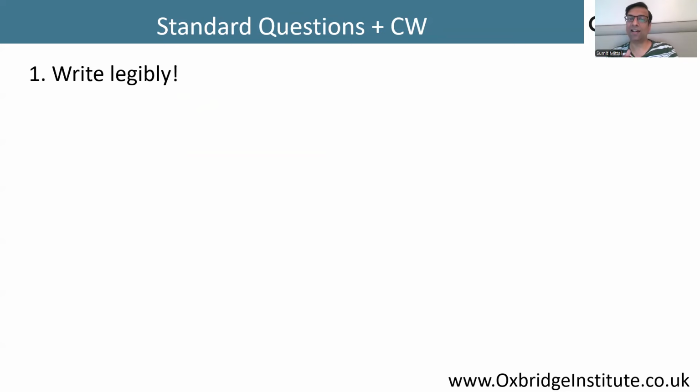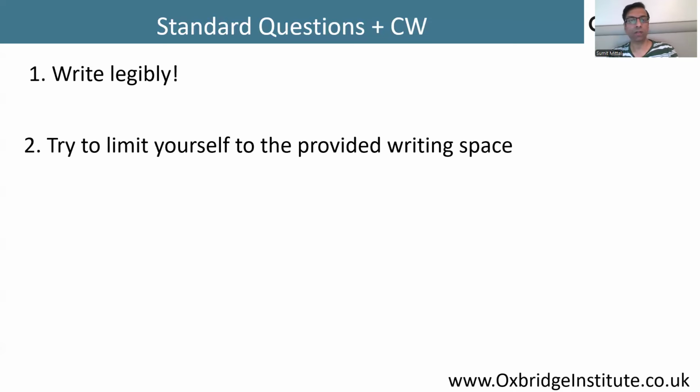Granted, these will be marked by teachers who have more experience of marking various kinds of student writing, so there's a very good chance the teacher will not penalize you for bad handwriting. But at the same time, it is your job to make it easier for the teacher to understand what you're writing. So please try writing as legibly as possible.